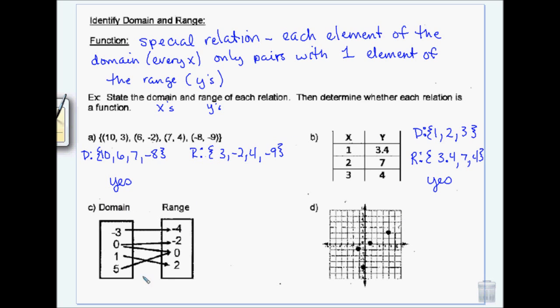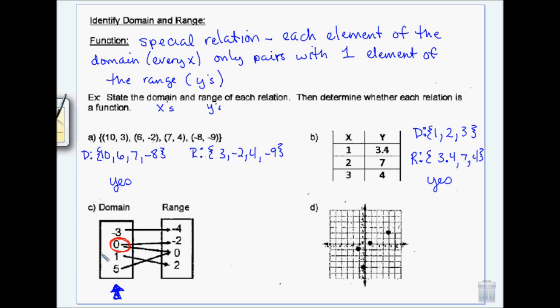Okay. Now here's the mapping that I was talking about, how it's useful. It already lists our domain and range elements, so we don't have to list those. So if there's two lines coming from the same number, you look on this side only. You look at the domain only. The range does not really matter. And I go, okay, that has one arrow.